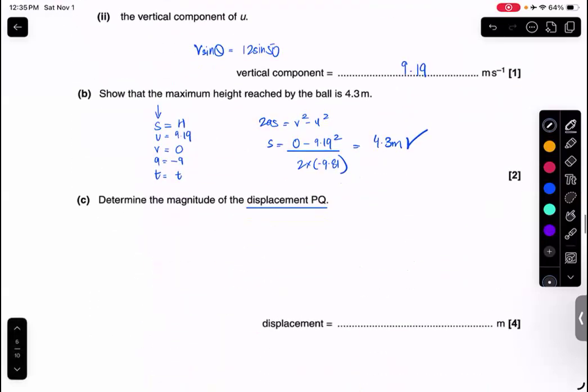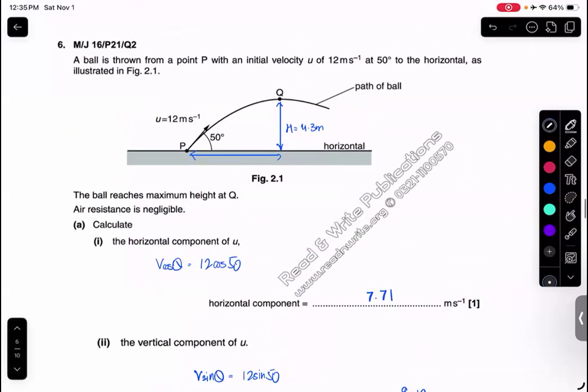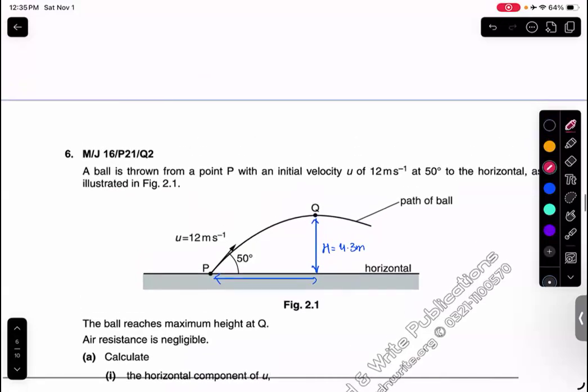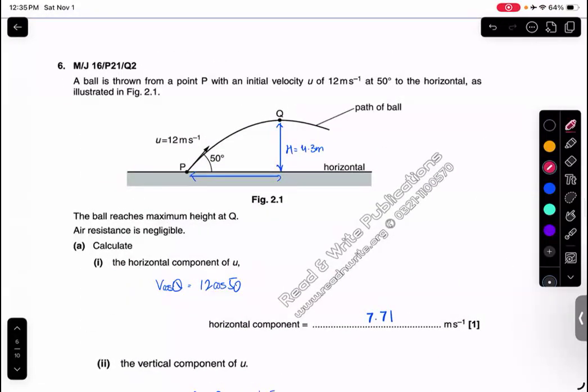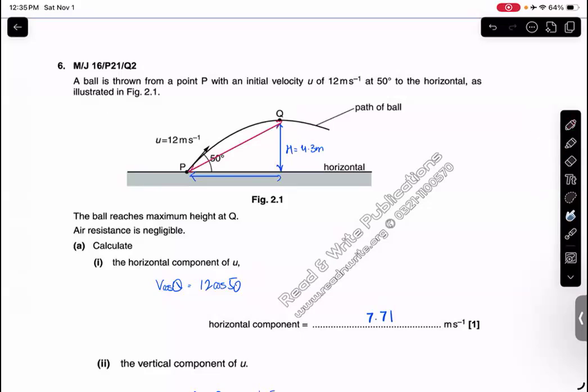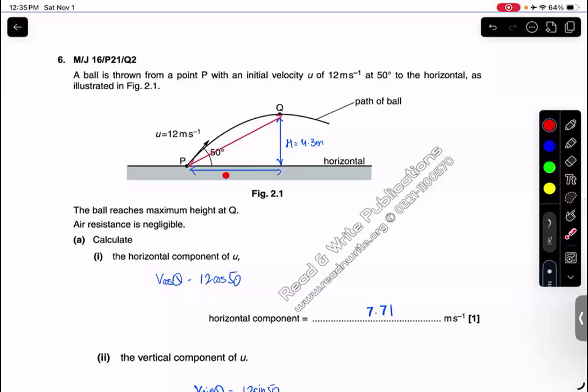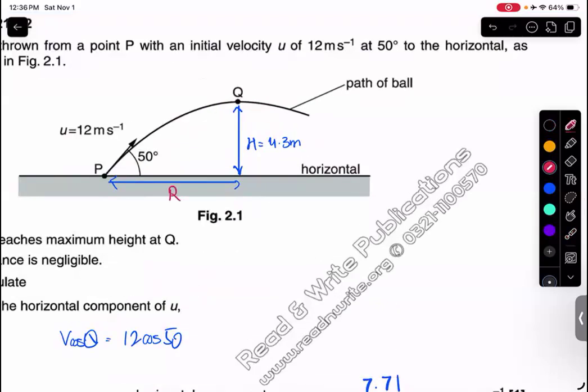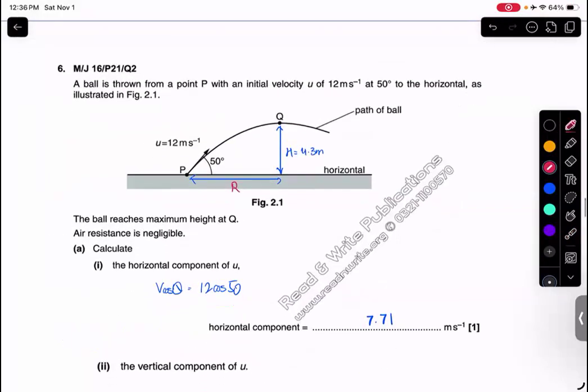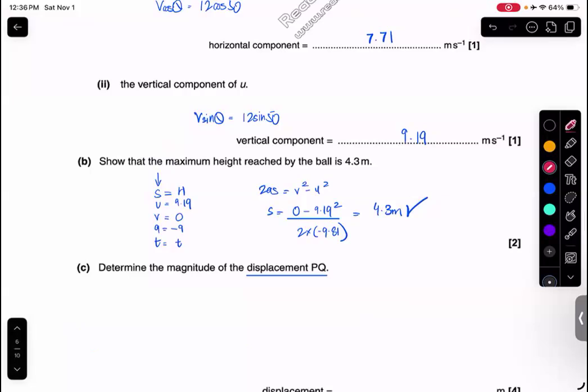Can't we just use Pythagoras theorem to find out the distance between P and Q since it's a displacement? So you're saying that we should find out this triangle? Yeah, like that. Is that also what you're saying, Hania? I was just saying the horizontal one. That's it. That's what I figured out till now.